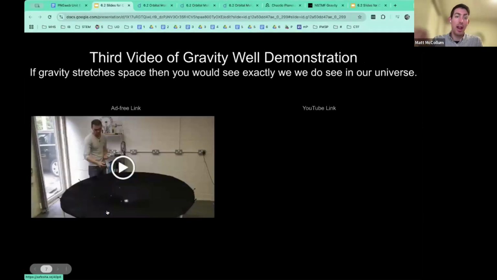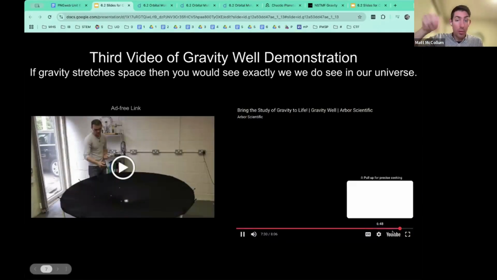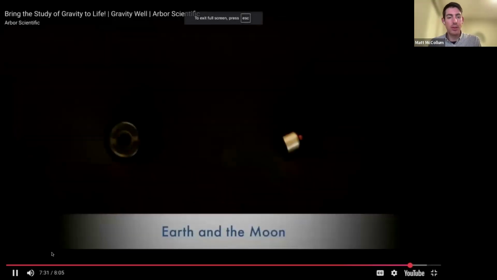And then some cool unexpected things happen too. Let's say the sun is in the middle, and you can get a planet, and you can actually have a moon that orbits around that. So these are just a cool demo of being able to see what is going on in that orbital motion, and these videos show a good job of what you can do with it with students.